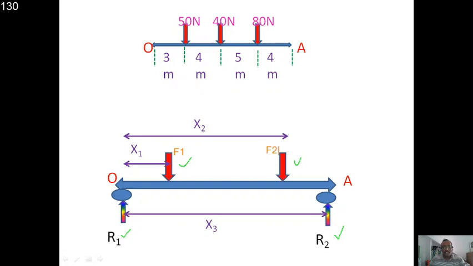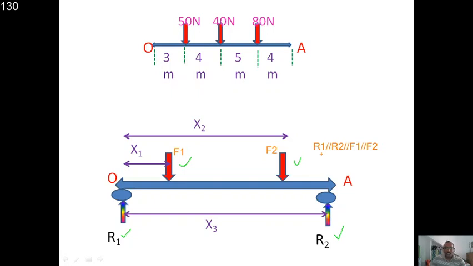All the forces are parallel to each other, but the direction is opposite in nature.